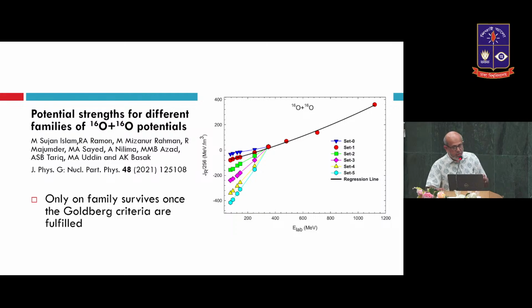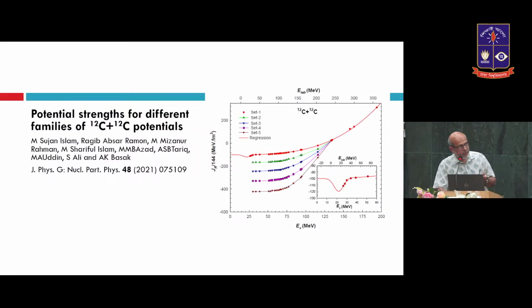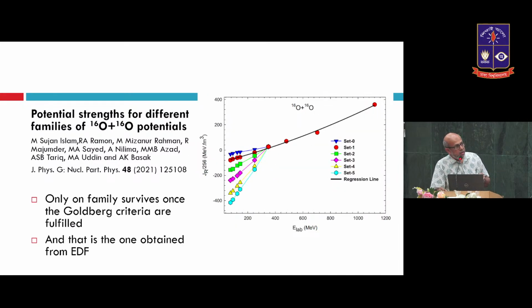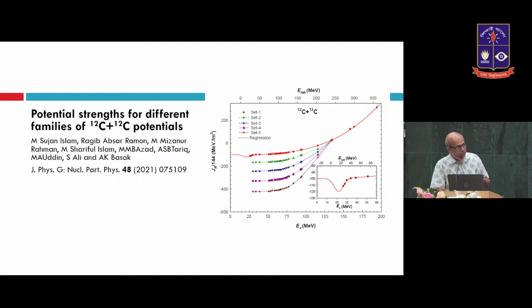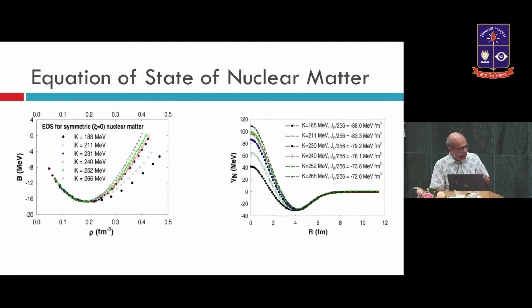Then this is another problem, the equation of state for nuclear matter. The equation of state is this binding energy against density curve, so there is a connection between this and this.